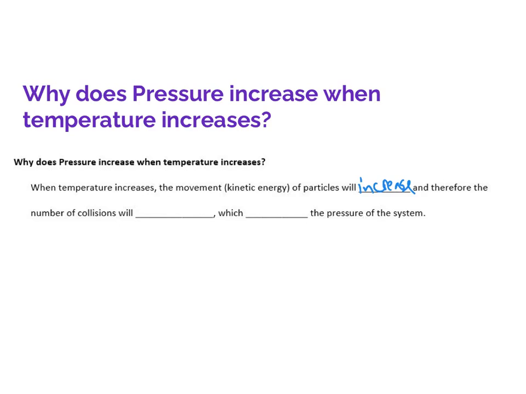And therefore, the number of collisions will increase, which then increases the pressure of the system. What we want to do is try to say this whole sentence. We don't want to just quickly jump from more temperature is more pressure. We want to explain why that happens.